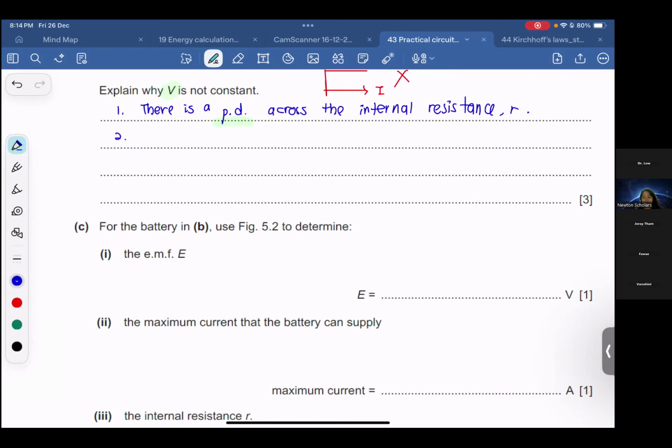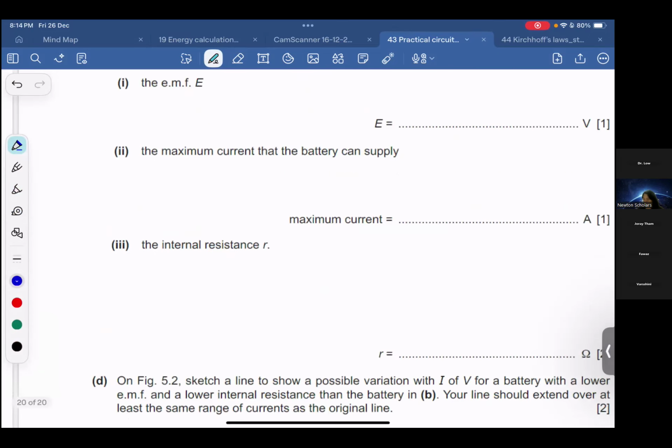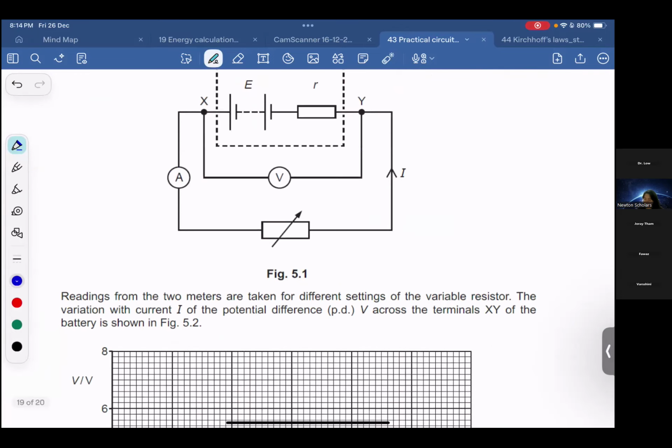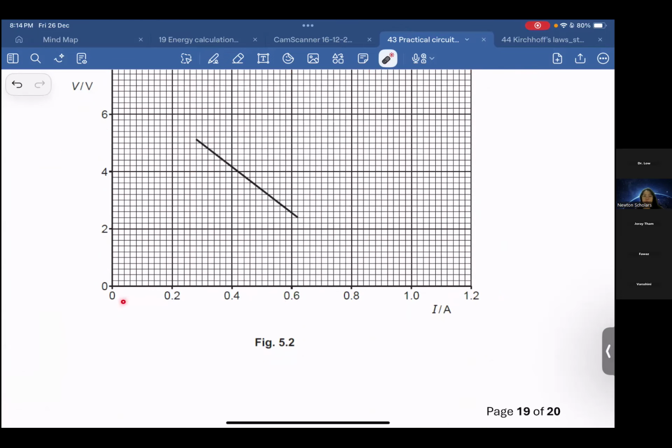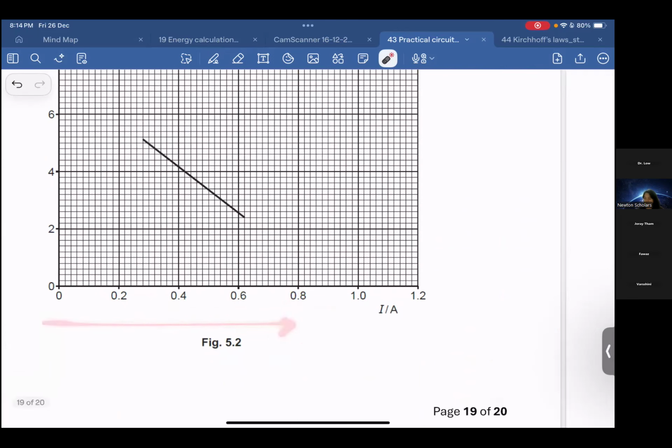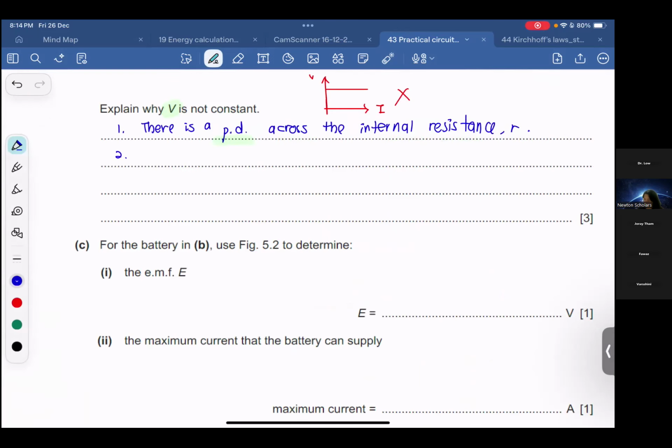The second point we can write is, you see from the graph here, we change the current. When the current changes, the voltage across the internal resistance also changes. When the current increases, because E equals V plus Ir, this part is actually the voltage across the internal resistance, where I write small r.